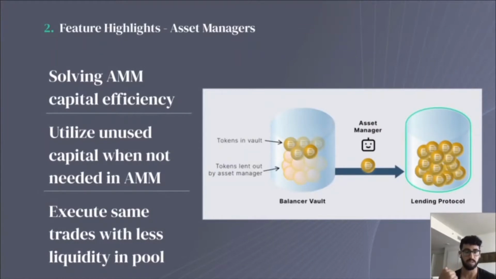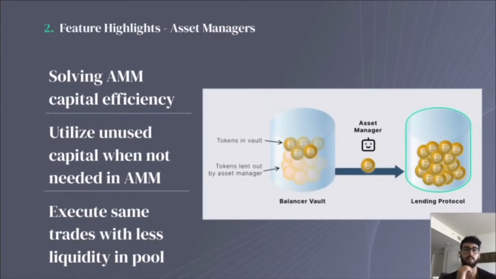Because if for whatever reason there is not enough liquidity available, then the trades would fail. So that buffer must always be kept, and the pool needs to be replenished anytime the balance of tokens crosses below a certain threshold. All of that is the asset manager's job to manage and to determine.